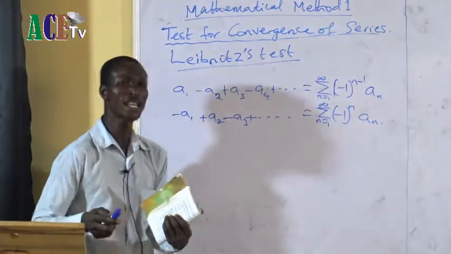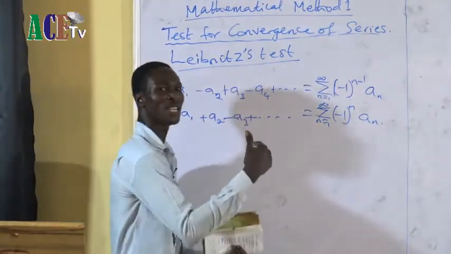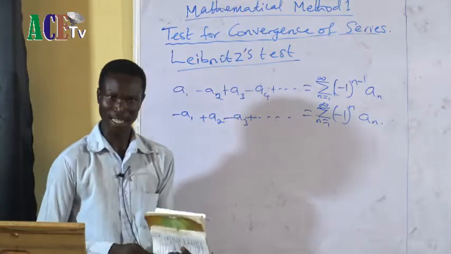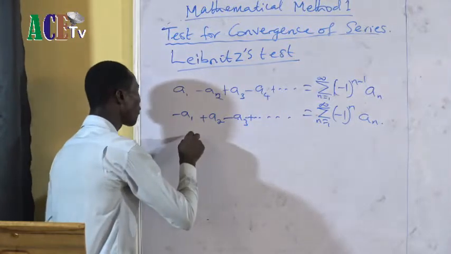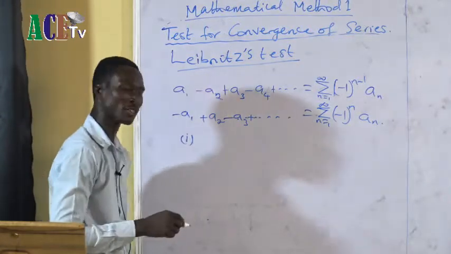But what Leibniz says, if you have a series and you want to test for its convergence. Now, Leibniz says there are 2 conditions.